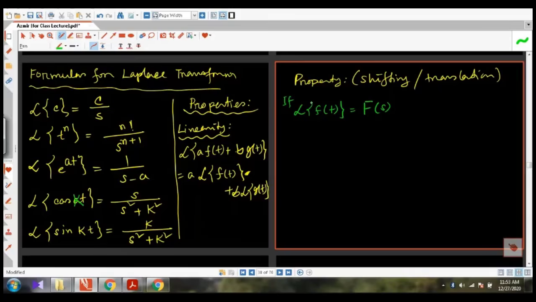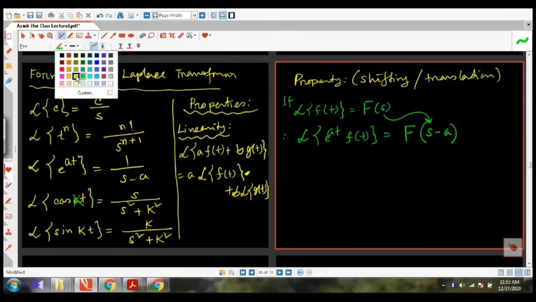If this is true, then what if we have the Laplace transformation of e to the power at times f of t? You know all the steps for solving this type of problem by using the shifting or translation property. It will be directly F of s minus a. Wherever we have s, we need to replace s by s minus a. So this is the second property, called the shifting or translation property.